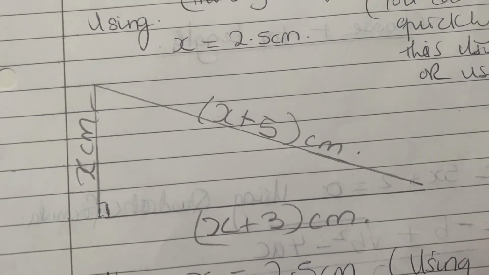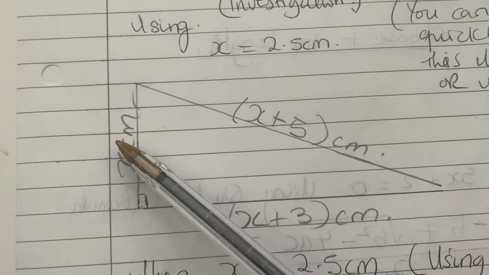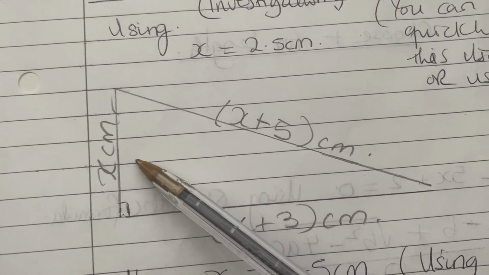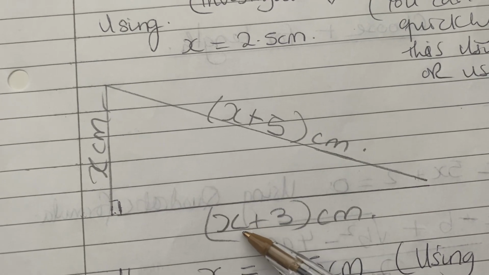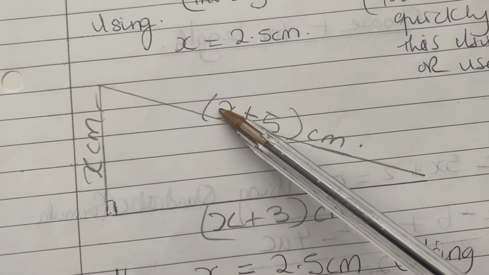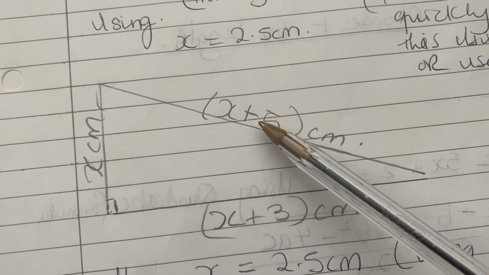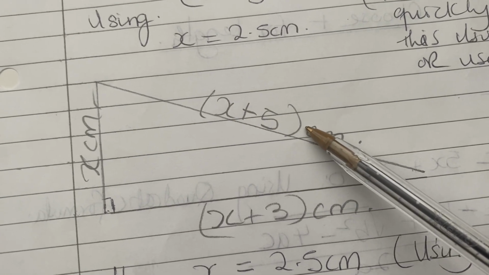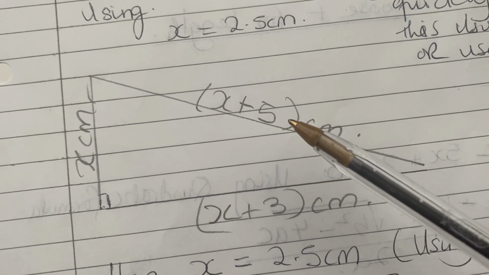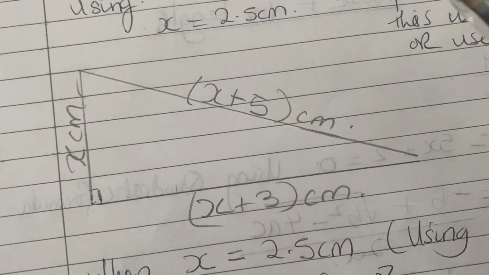If x is 2.5, that side is 2.5 centimeters, that side is 5.5 centimeters, and that side is 7.5 centimeters. That is if you choose x as 2.5 centimeters.